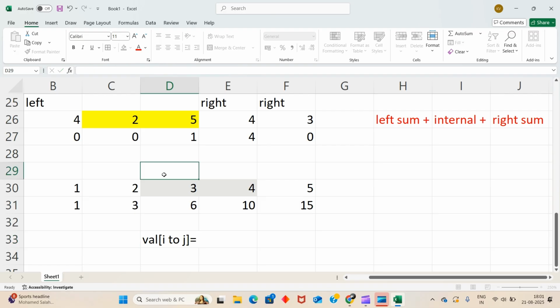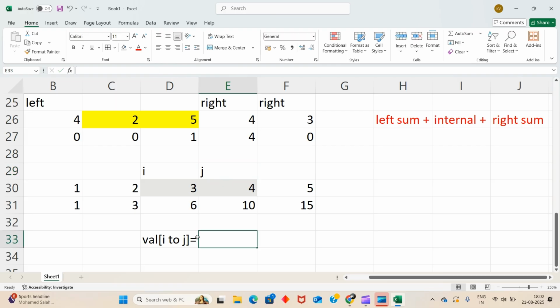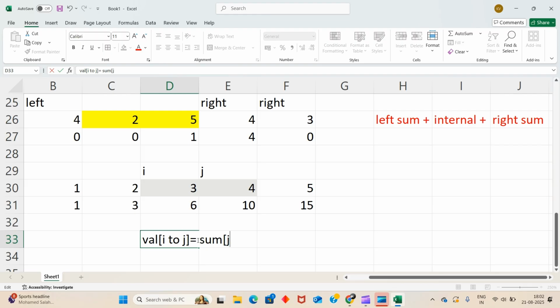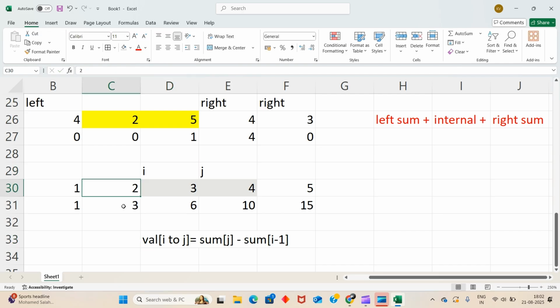Okay, this is my I and this is my j. Let's say if I want the sum between I to j, what will I do? Sum of j, this j, minus sum of I minus 1. This is my I, but I minus 1. That means this.